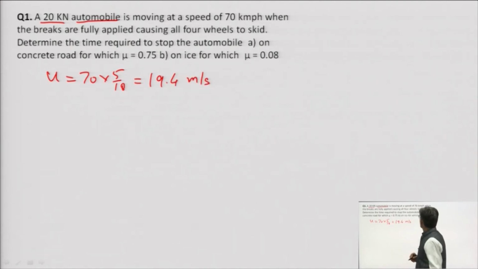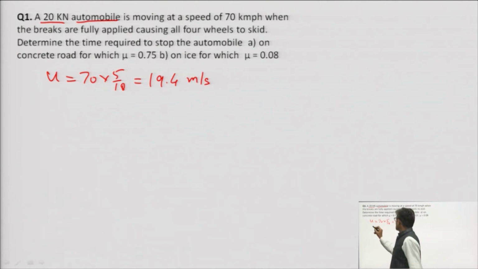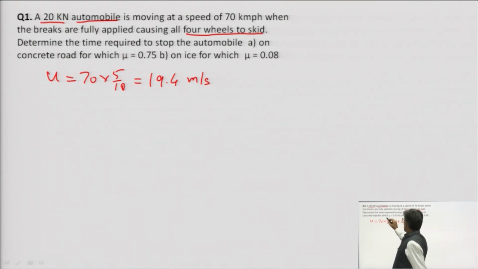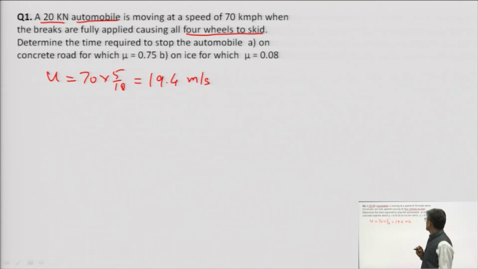That is the initial velocity. When the brakes are fully applied, causing all 4 wheels to skid, determine the time required to stop the automobile on a concrete road, for which mu is given, and on ice, for which mu is given.